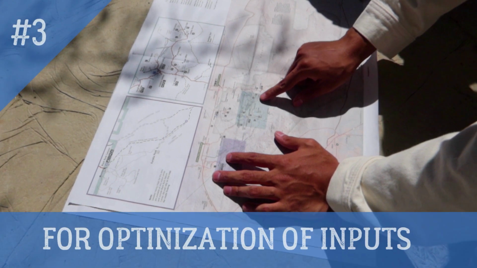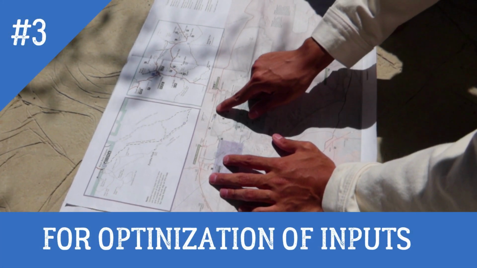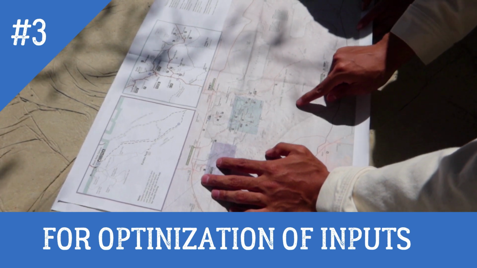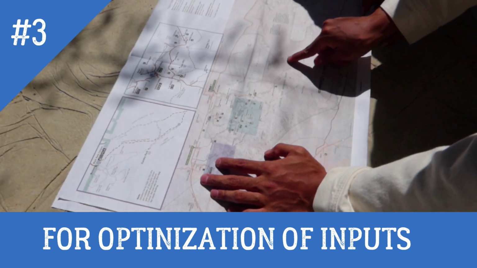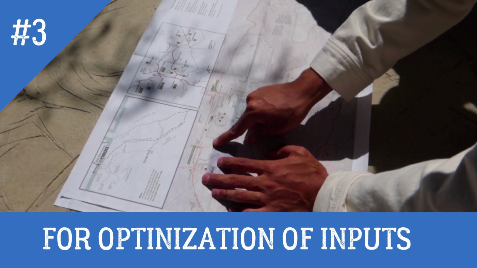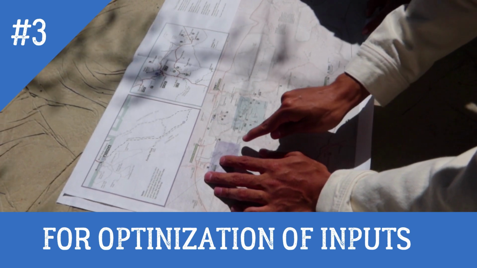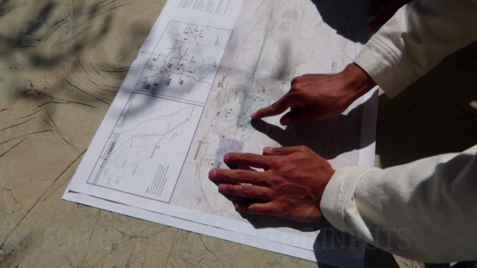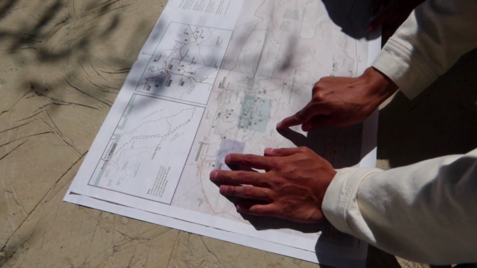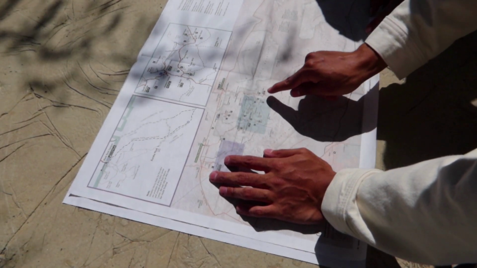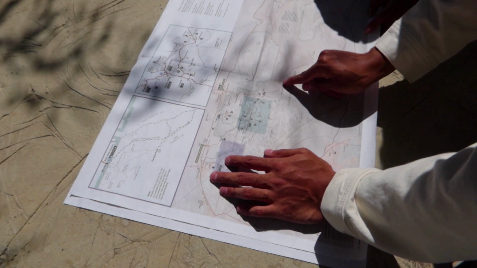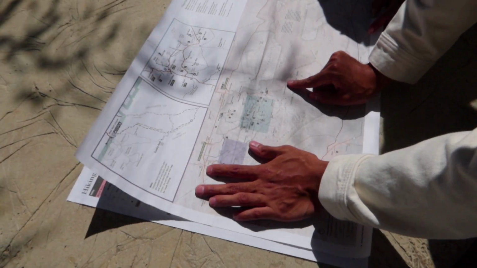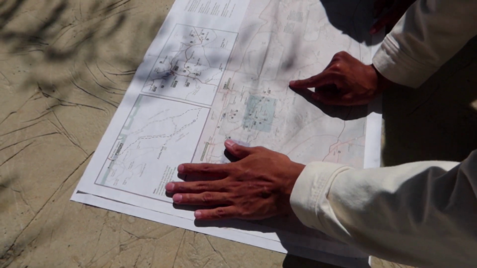Number 3, optimization of the allocated necessary inputs. Every project has inputs. These inputs could be the resources that will be used to achieve the desired results. We talk of human resource, we talk of money, we talk of time, we talk of the materials that will go into project implementation.